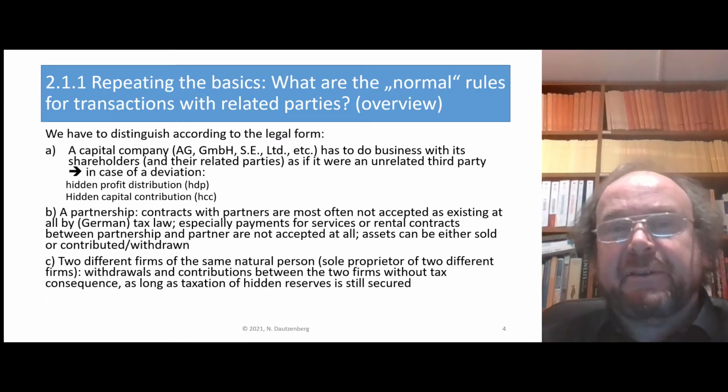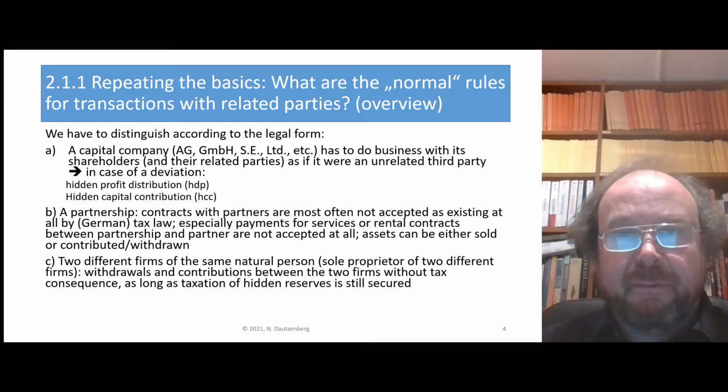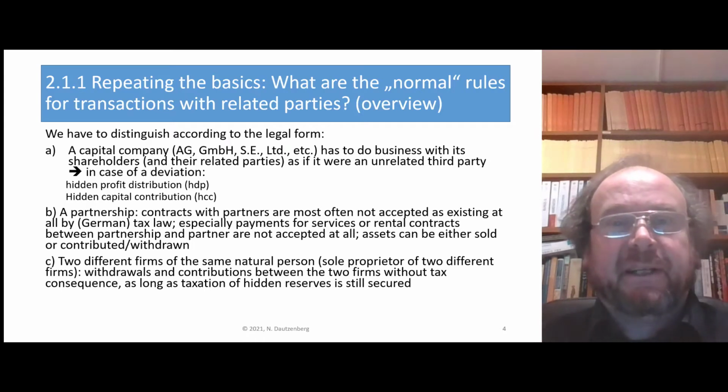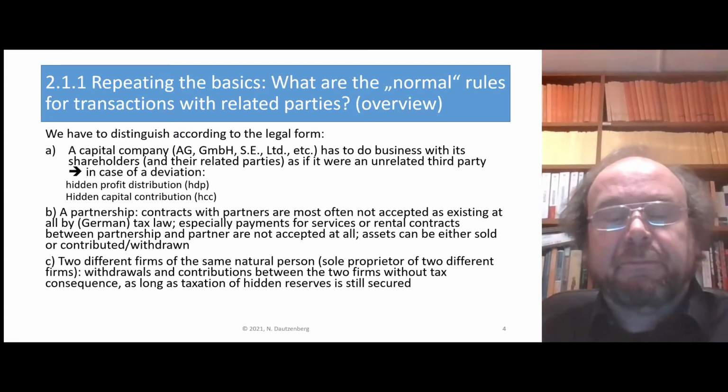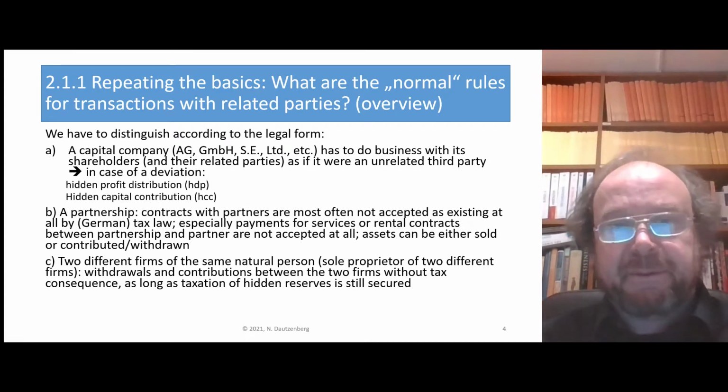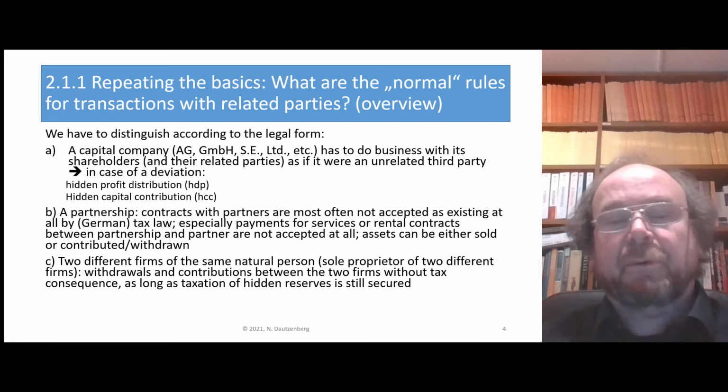The first thing is you have to distinguish between the different legal forms. It completely depends on if you have to do with a capital company, with a partnership, or perhaps even with two sole traderships belonging to the same owner.